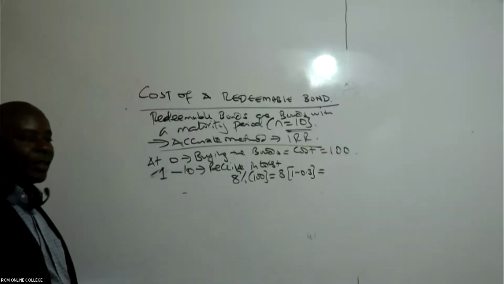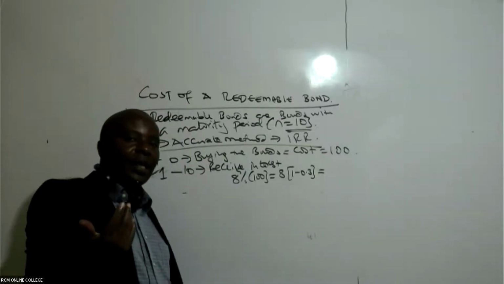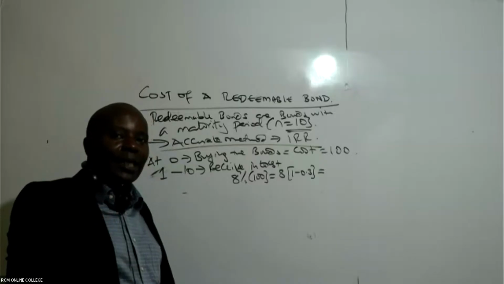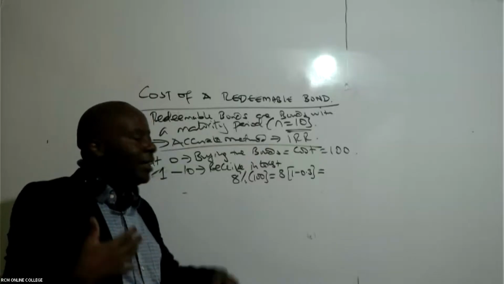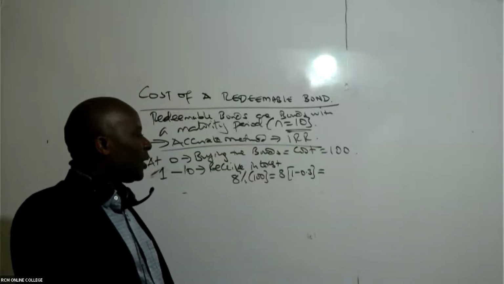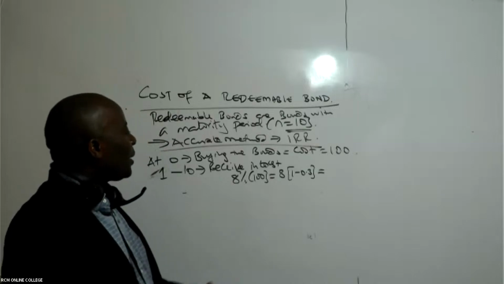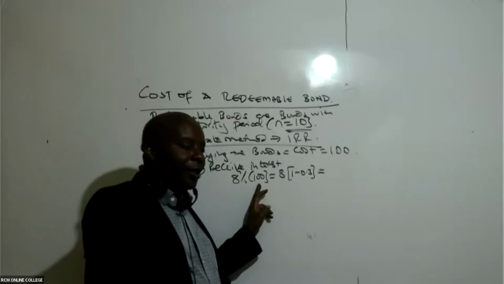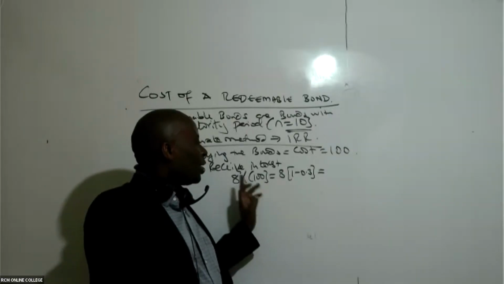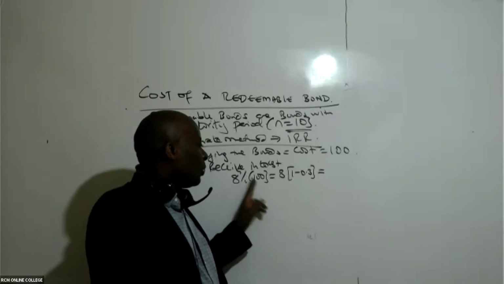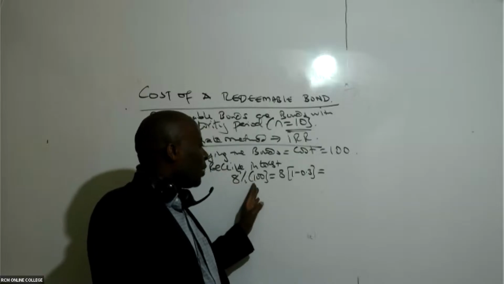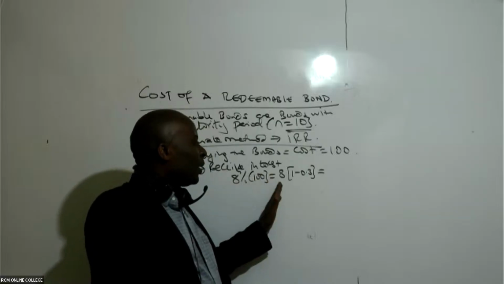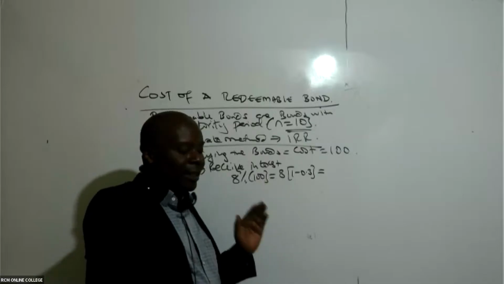Remember, interest is like KD, and KD must always be tax adjusted. The rate of interest is normally multiplied with the par value. So 8 over 100 times 100 gives me 8. 8 times 0.7.